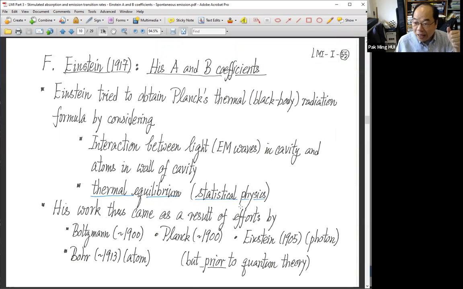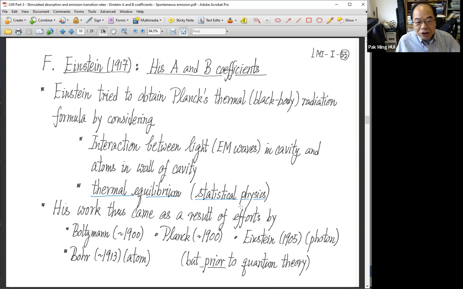First, we can look into how Einstein argued and used statistical physics to get at Planck's formula. Secondly, we can get a formula for spontaneous emission without doing anything more. So that is why we have this particular section here.